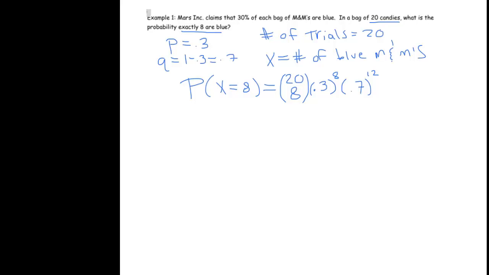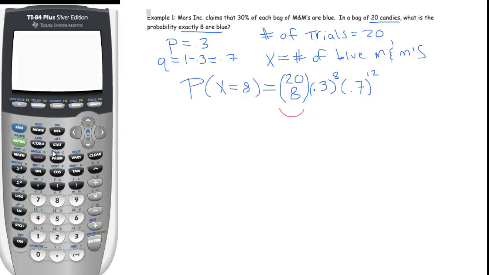So to do 20 choose 8, put in 20 first, then go to Math, go over to PRB, and go down to nCr. On the screen it should be 20 nCr, and then you put an 8.